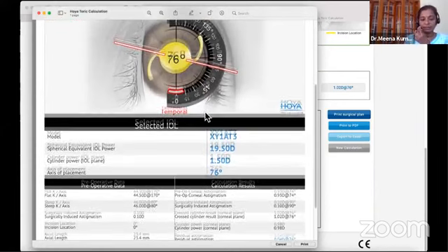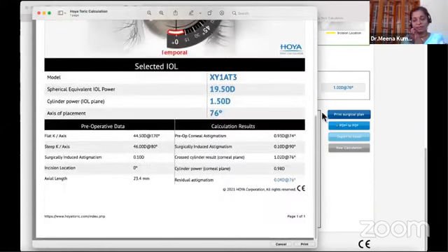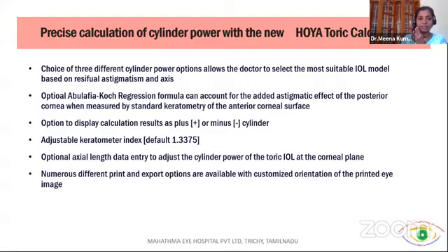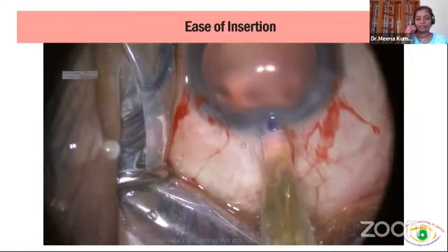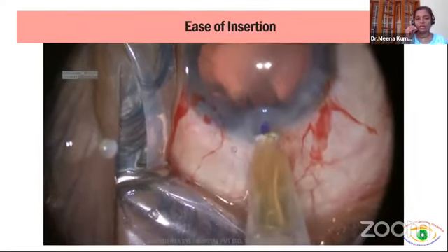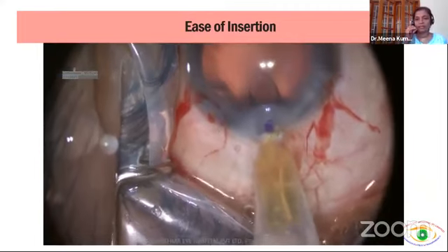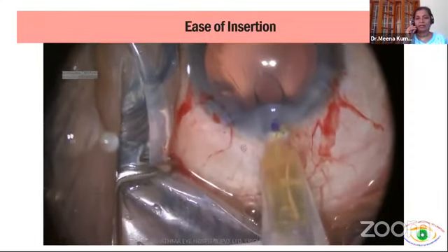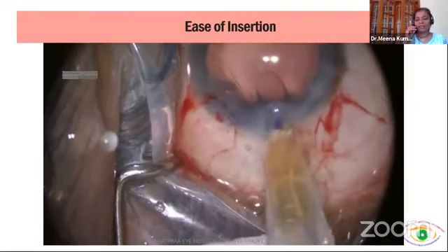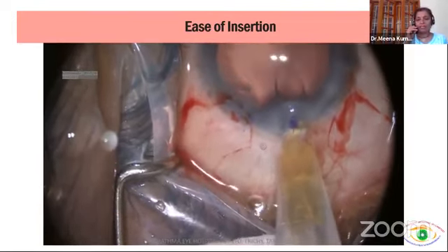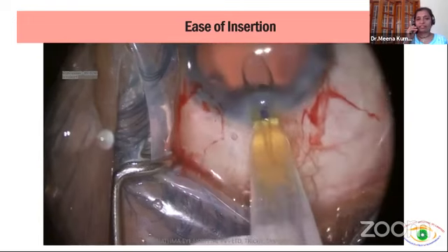Then the previous speaker, sir, told about the ease of insertion, which is just about whatever I said before. This is the only preloaded toric IOL available in the market. And with this IOL, I've never had any fast opening giving a jerk to the IOL or to the surgeon.